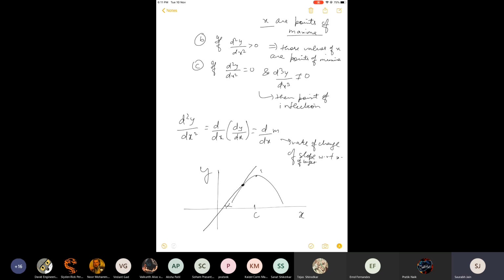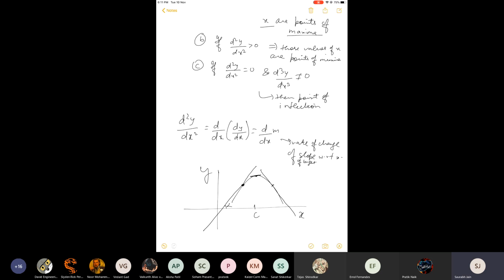But how? We will find this with the help of the second derivative test. This is your left hand neighborhood, this is your right hand neighborhood, and this is your exact C where dy by dx becomes 0. When dy by dx becomes 0, you cannot be sure whether it will be a point of maxima or minima. That will be decided by the second derivative.